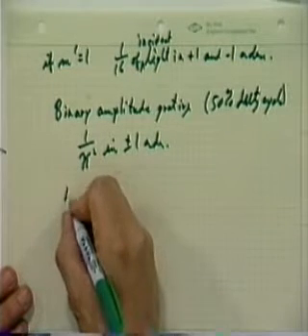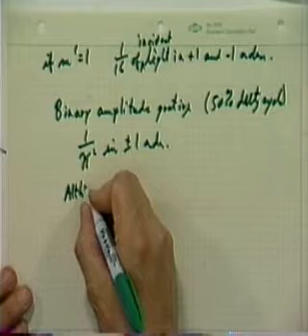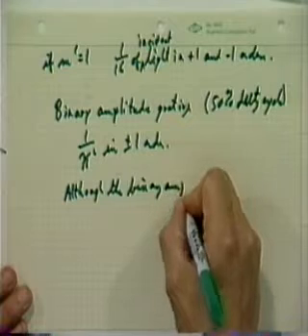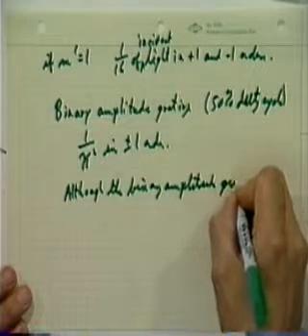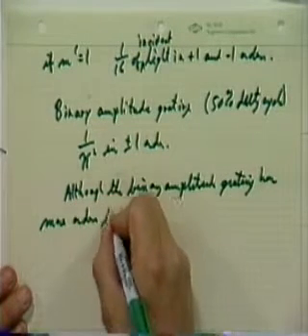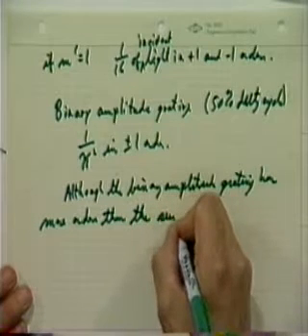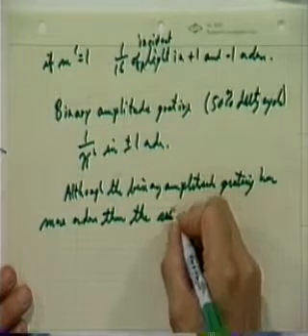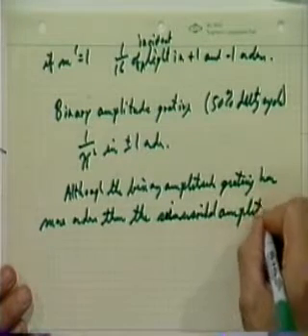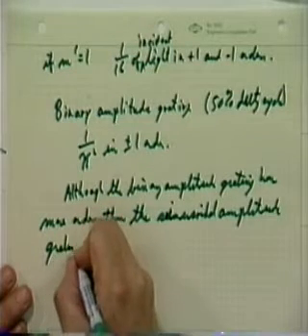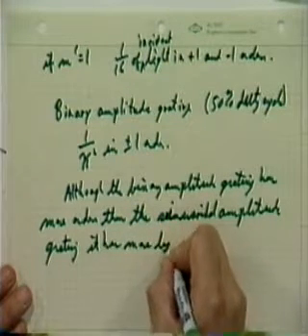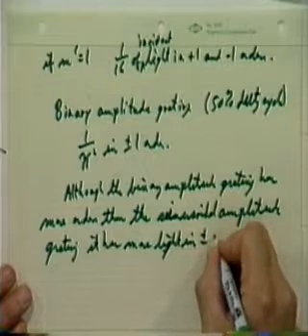So although the binary amplitude grating has more orders than the sinusoidal grating, it has more light in the plus or minus first order.